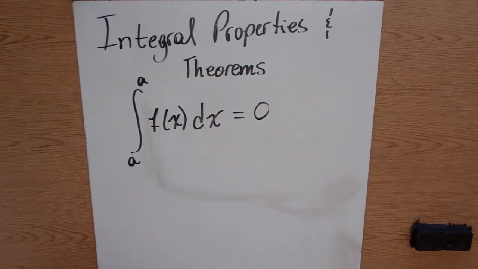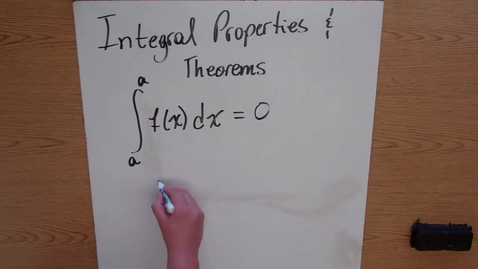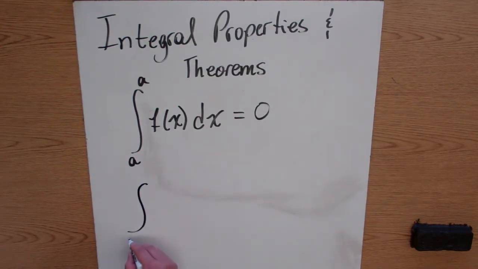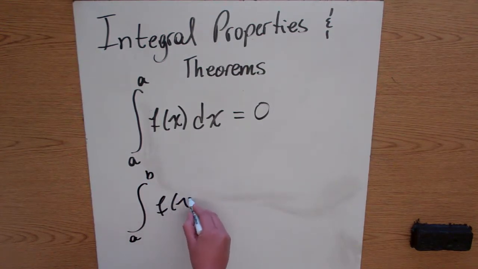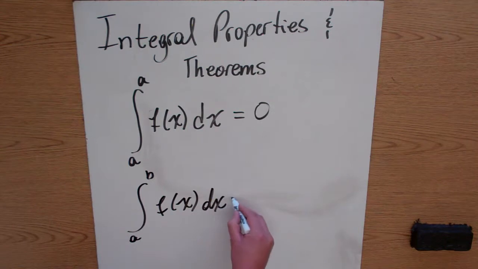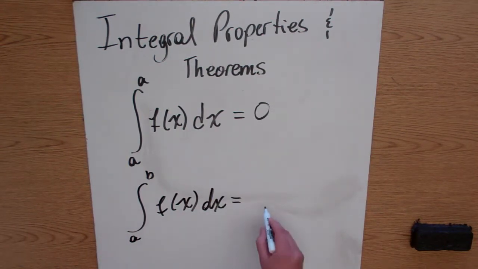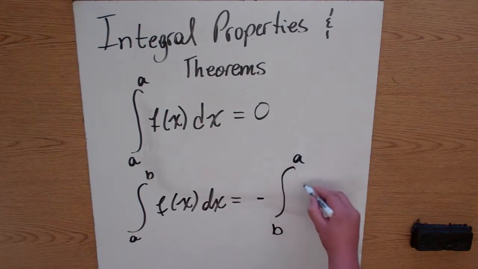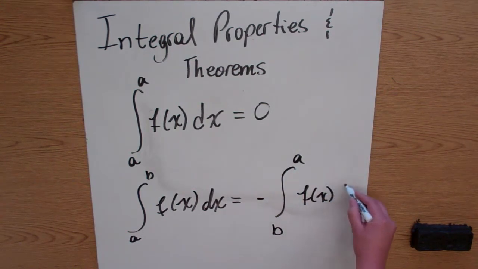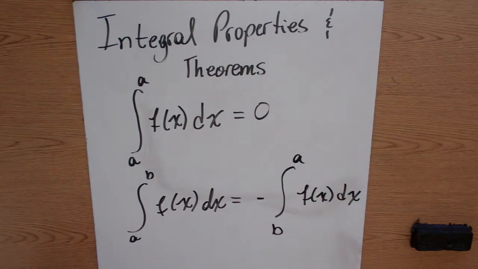Alright? Also, another one. If you have the integral evaluating from a to b of f of x dx, that is equal to negative the integral from b to a of f of x dx.